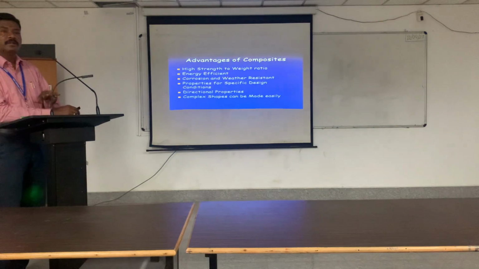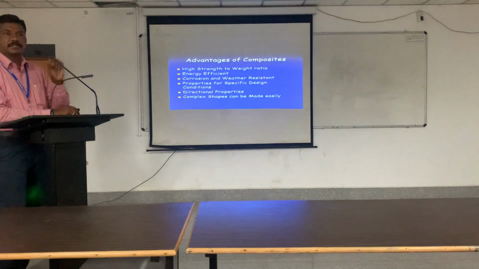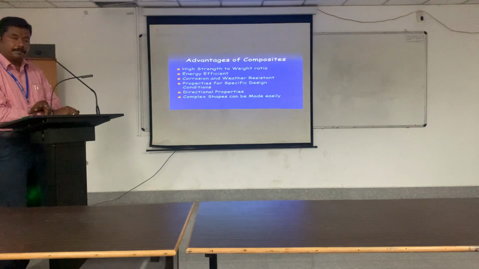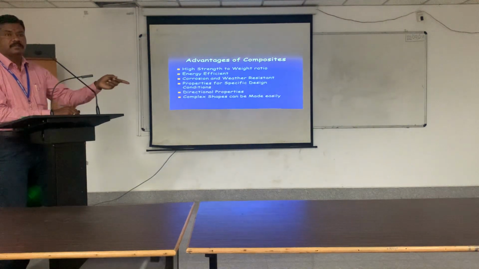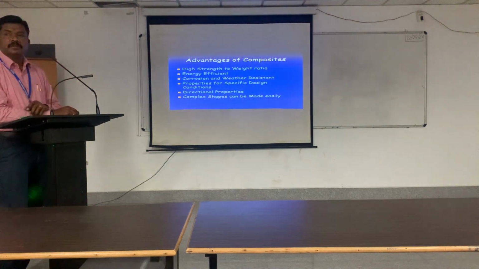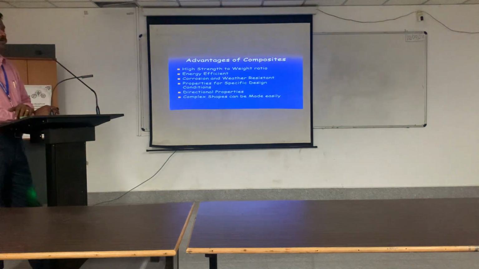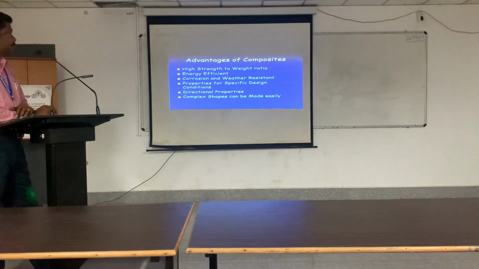Compared to its weight, it will give higher strength. Steel will have some amount of strength. With the same size, if you take the composite material, it will not give that much strength. Compared to its weight, it will give a higher amount of strength. That is why you should say strength to weight as the key phrase. Composite will give a higher strength to weight ratio.